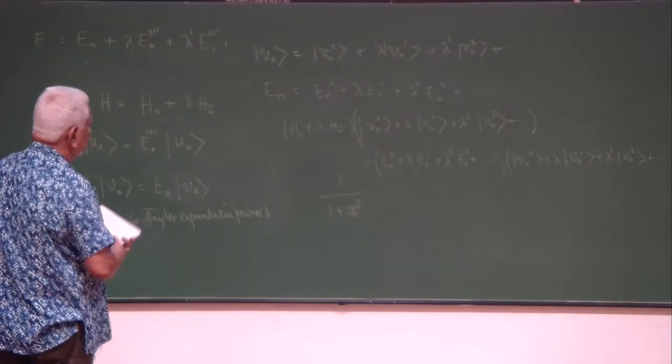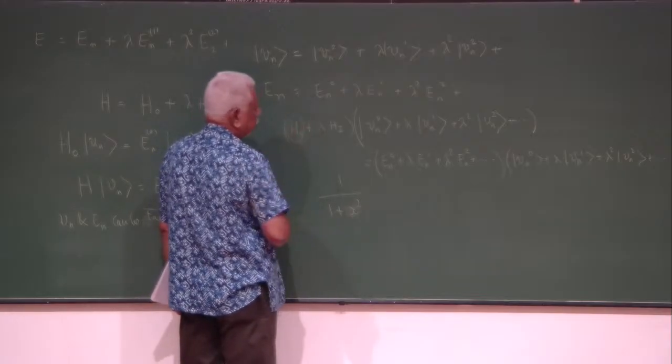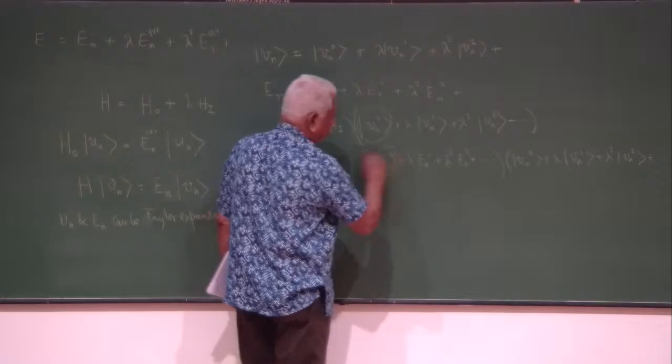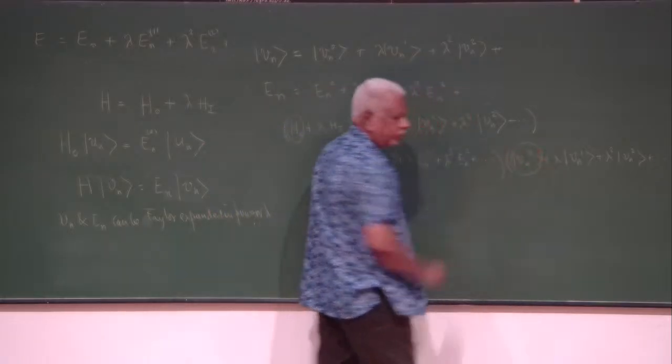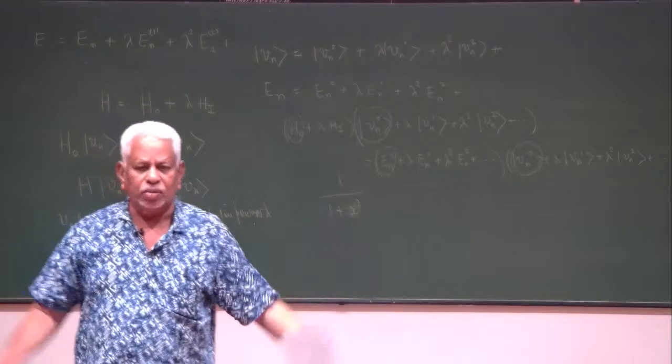So let us look at the first thing. This is H naught Vn0, En0 and Vn0. These four terms which I have circled do not depend on any power of lambda.